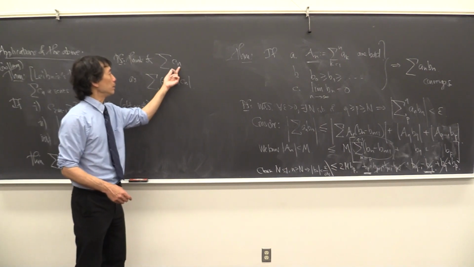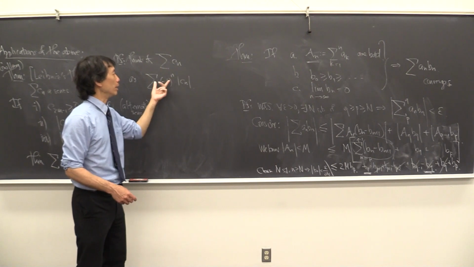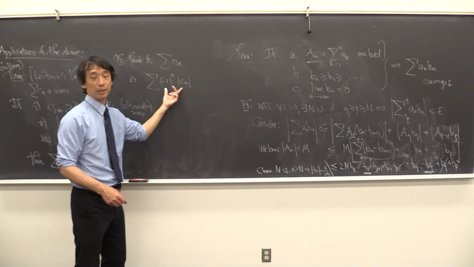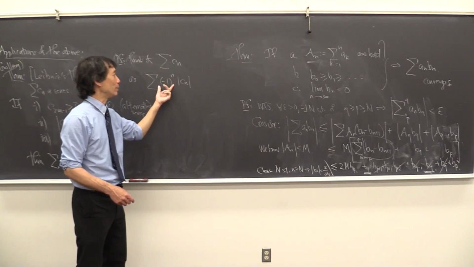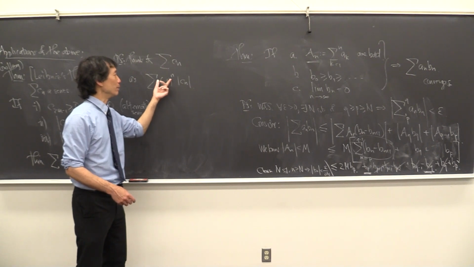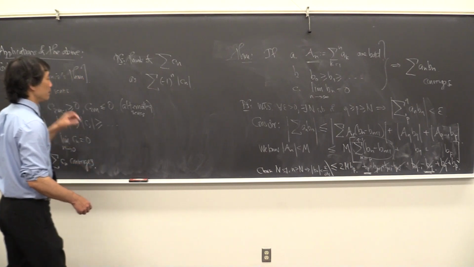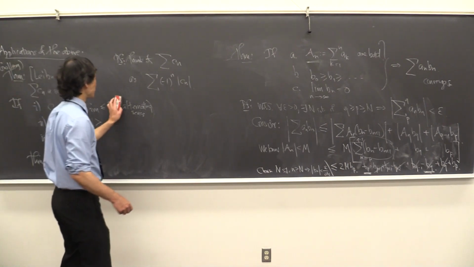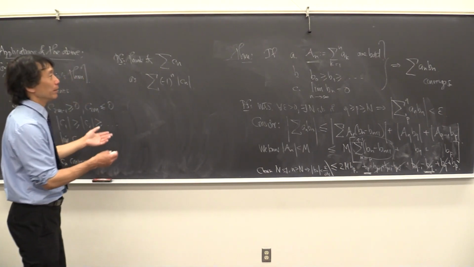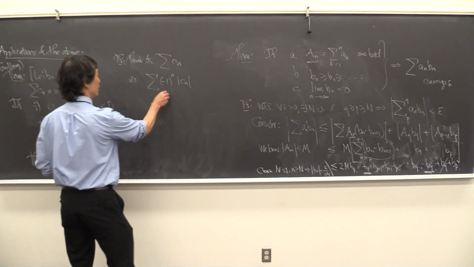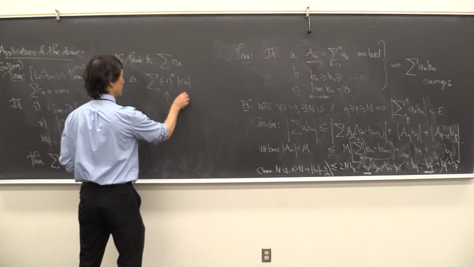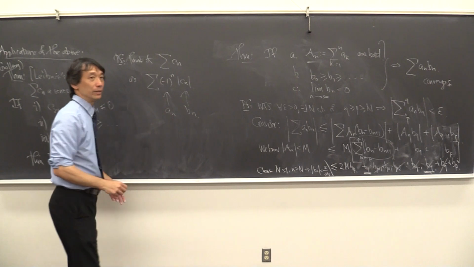So when n is odd, you have a negative number times the size, which gives you c sub n. When n is even, you have 1 times the size, which is just c sub n again. Then you're done. This is your a sub n, and this is your b sub n in the previous theorem.